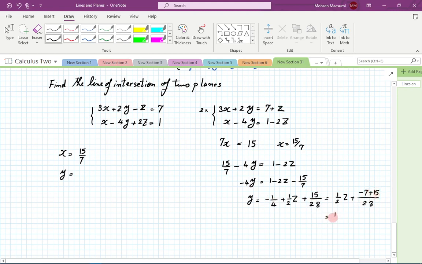Let's clean up as much as we can. 1/2 of z, and then this is 8/28. So perhaps 1/2 of z, divide this by 4, so I'll have 2/7 plus 1/2 of z. How about z itself? Well, z is our parameter. z is just equal to z.